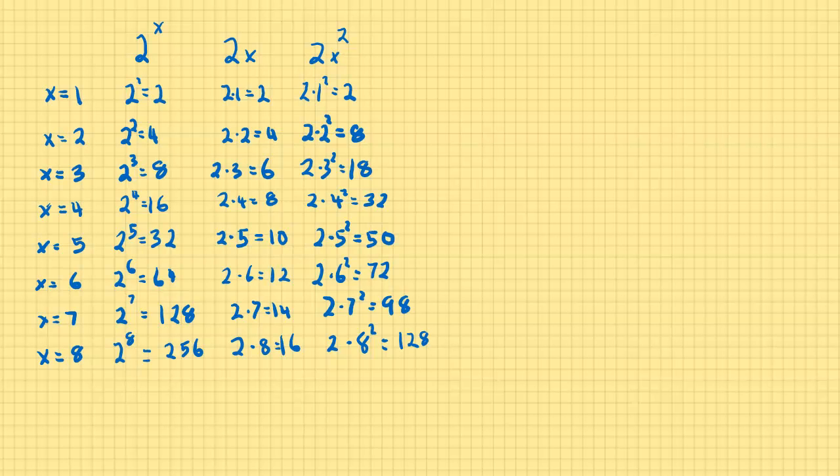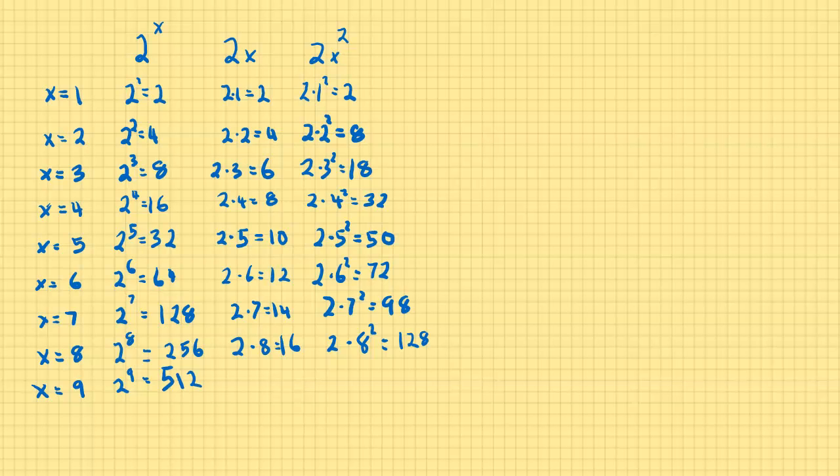Okay, so what happens is the numbers get greater and greater and greater. The exponential function always is the greatest value. It may not happen right away, but it will happen. So when x is equal to 9, we have 2 to the 9th. And that comes out to be 512.